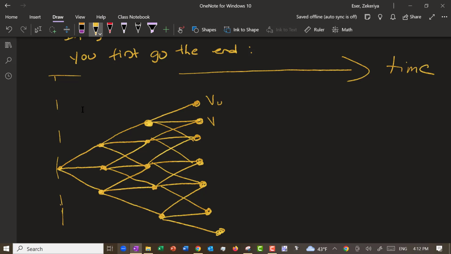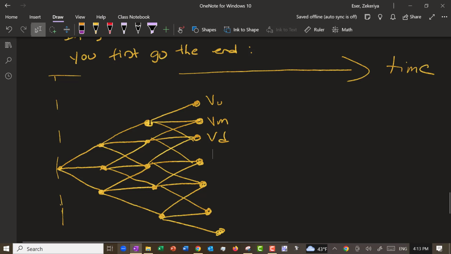Let's call this VU, VN, V down. There is a way we can attach probabilities to these moves, okay? Because it's so small, and given that we have an assumption about probability distribution of how prices move for small periods of time, we can calculate the expected value over here.